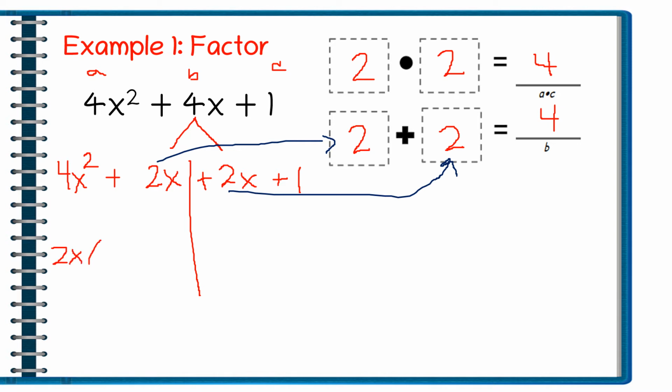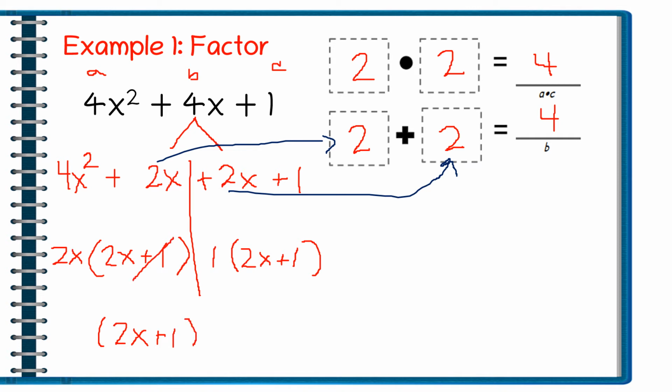The GCF is 2x. When I divide by 2x, I'm left with 2x plus 1. The greatest common factor for the next terms is 1, and when you divide, you get the same thing. So the greatest common factor for these is 2x plus 1, what they have in common.